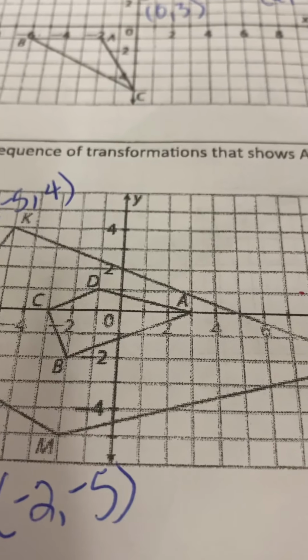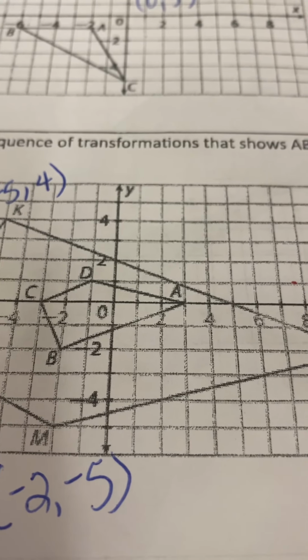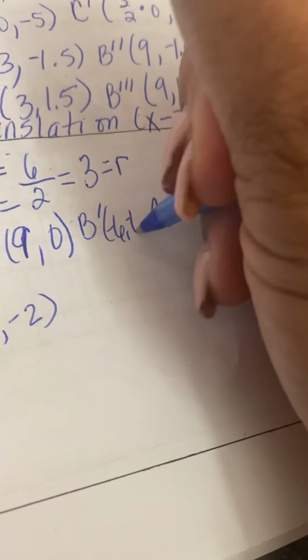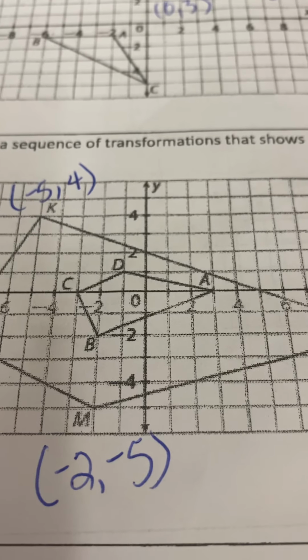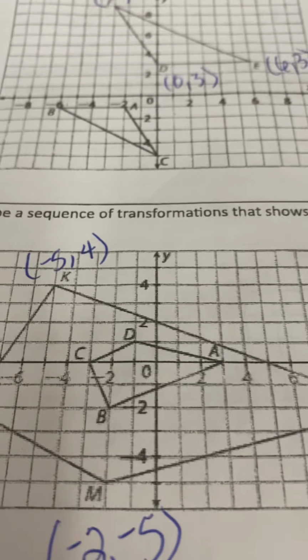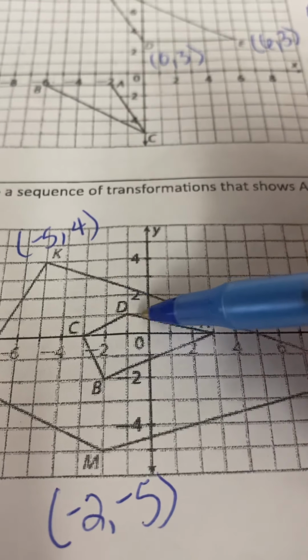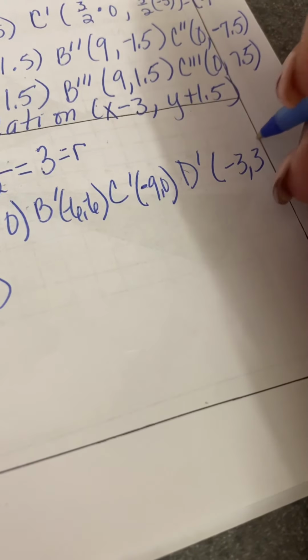B is at the ordered pair -2, -2, multiply that by 3, and that gives you -6, -6. C is at the point -3, 0, so it gives us -9, 0. And D is at -1, +1, so that gives us the point -3, +3.